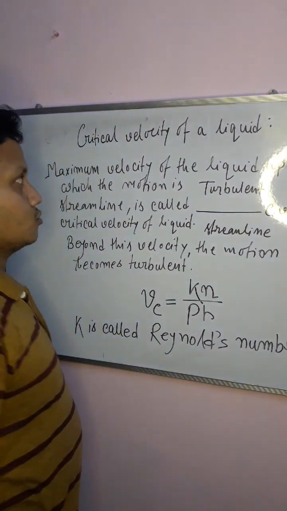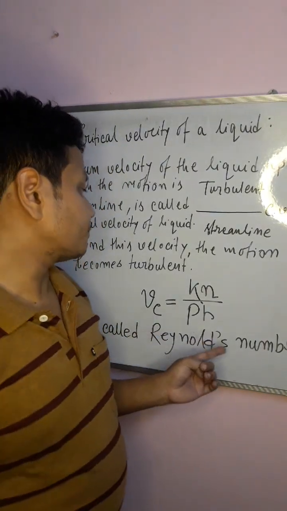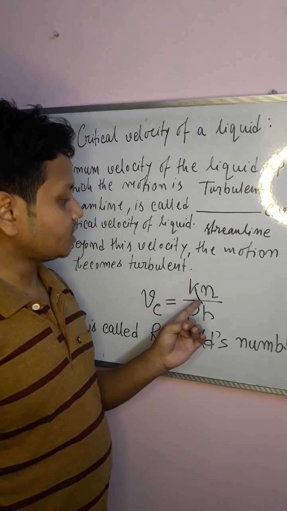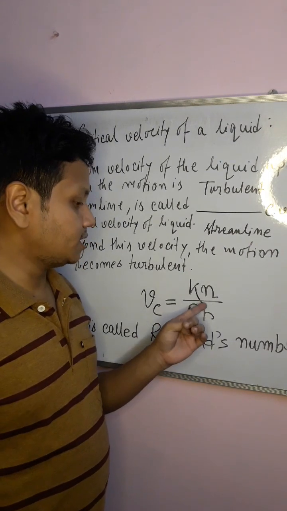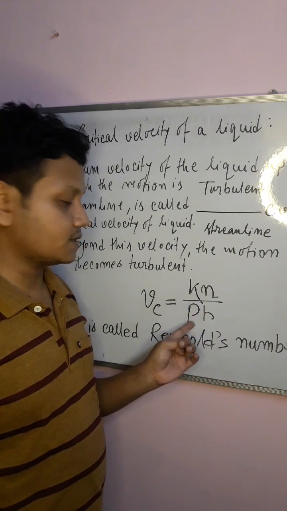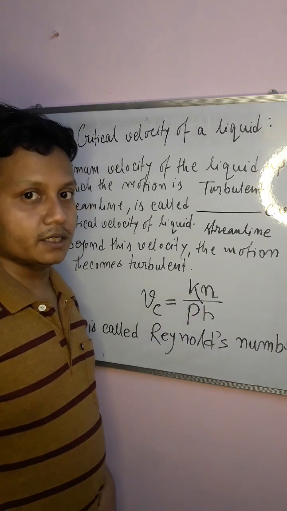So critical velocity and coefficient of viscosity are related by this relation.